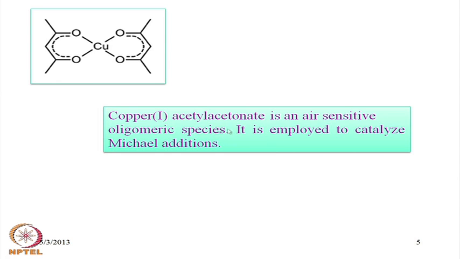In organic chemistry it is a very useful reagent for Michael addition reactions. For these organic transformations, in a single pot we add a copper 1 salt, any copper 1 starting material, and acetylacetone as the ligand, but the most reactive species is the copper 1 acetylacetone compound.